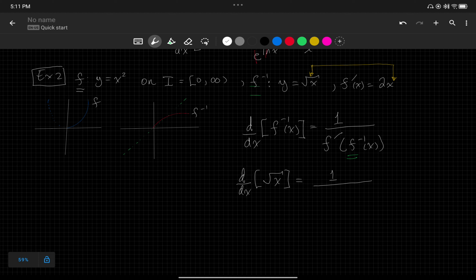So then, in other words, I need to plug it in right here. So then it's going to be 2 multiplied with the square root of x. So that's supposed to be my answer. All right. Well, we can easily check.